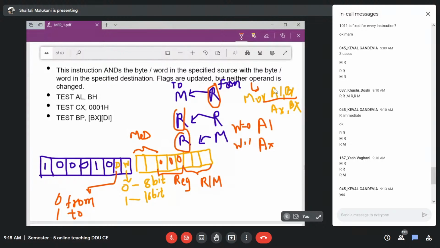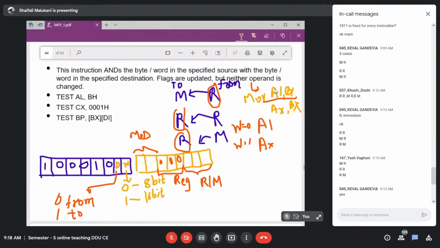From means it is a source. So W is equal to 0, because it is 8 bit, and D is equal to 1 because it is to AL, right? So this must be clear to you.